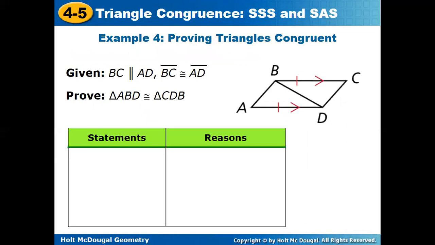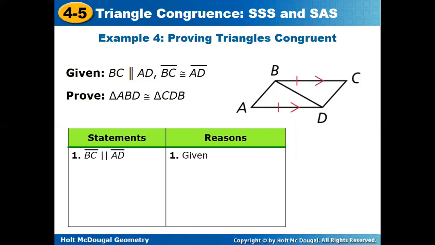Proving triangles congruent. Given BC is parallel to AD and BC is congruent to AD, prove that triangle ABD is congruent to triangle CDB. Here we will make a table, then write the statements, then the reasons.